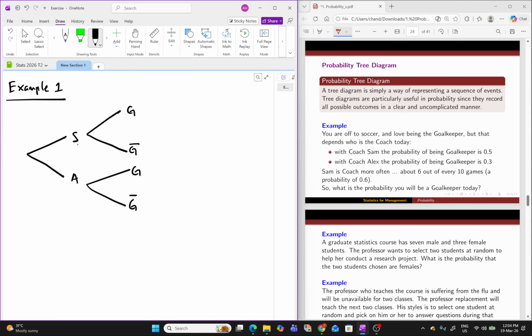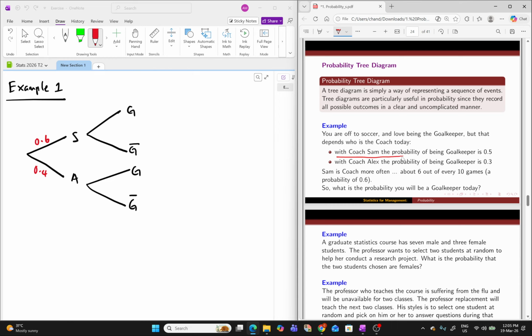What is the probability of Sam being coach? Sam is coach more often, 6 out of 10 games. So this is 0.6. That is the probability right here. But if here is 0.6, how much is here? 0.4.